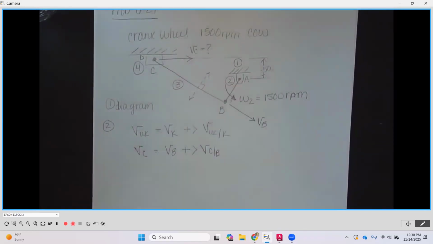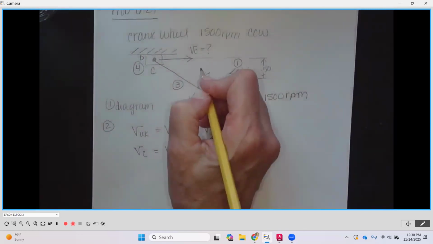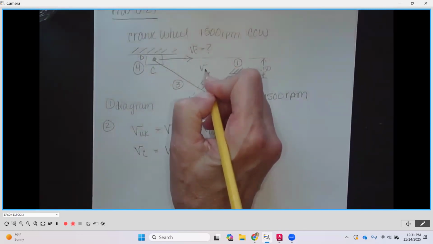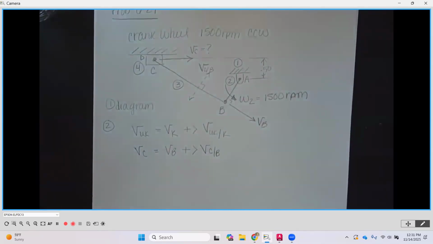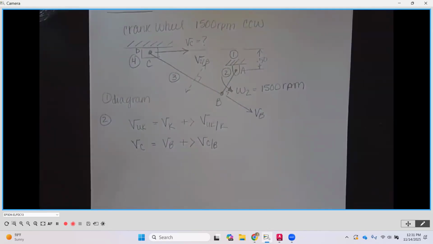We don't know if it's going to go up and to the right or down and to the left, but this is going to represent the line of action, if you would, of the velocity of C relative to B, okay? So now if we look at each one of these, as we know, to fully define each one of these vectors, they need both magnitude and direction.